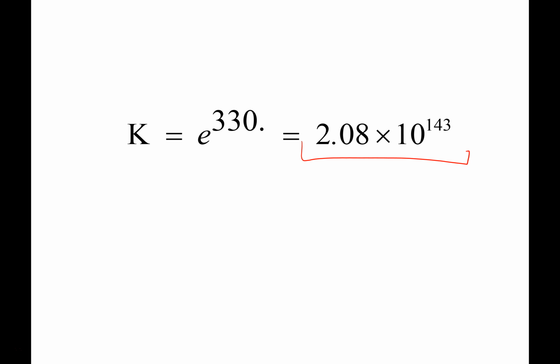Oh, shoot. Oh, I did the wrong one. Okay, there. 330, enter. I don't know, your calculator's not working right, because I did it before and it came up with a different number. It was only like 10 to the 14 or something. It wasn't 143. Maybe it's in a different mode, but you're doing it right.